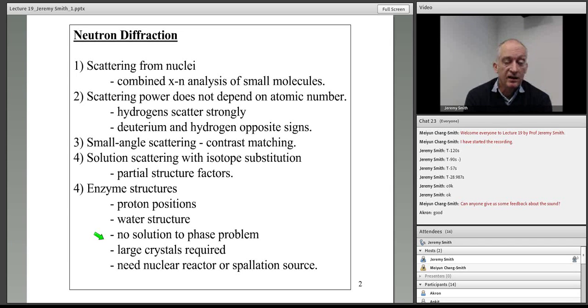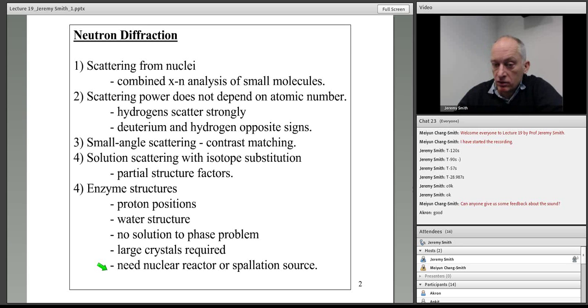So you need an X-ray crystallographic structure in order to seed the solution of your neutron structure. We also need relatively large crystals, and of course one cannot buy a neutron source for the lab, unlike an X-ray source. You need either a nuclear reactor or, as we have here at Oak Ridge, a spallation source. We've got both of these actually. So that's an overview of diffraction.